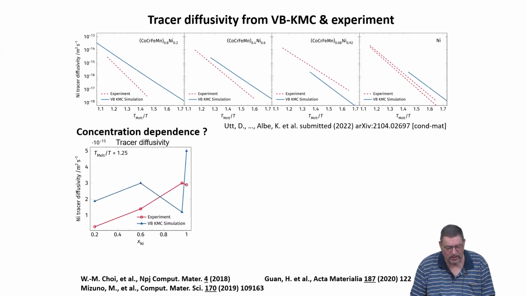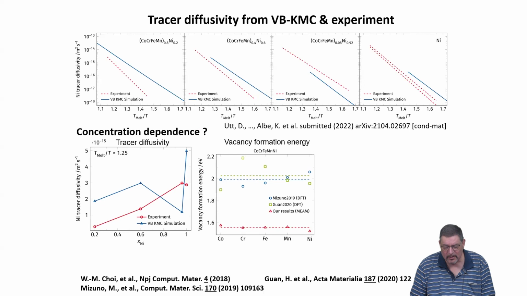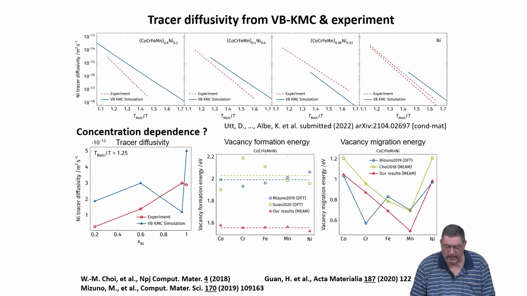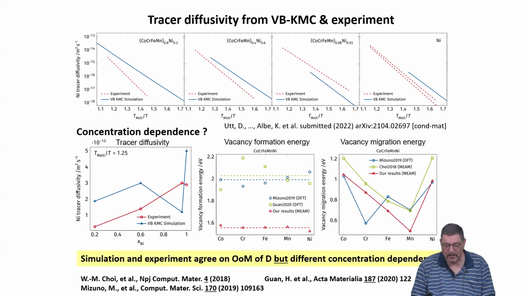Looking at the concentration dependence, we also again have red experiment, blue simulation, and we see when we do all these comparisons, vacancy migration, entropy, nickel tracer diffusivity, we have quite a good agreement on the order of magnitude scale. Sometimes there is a different concentration dependence.